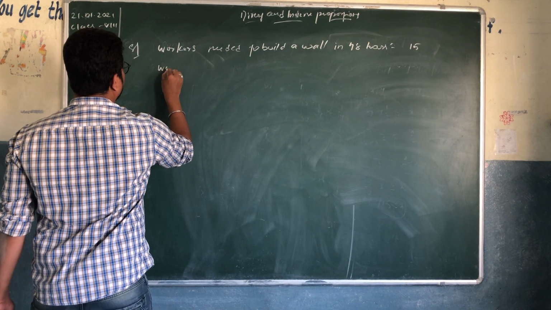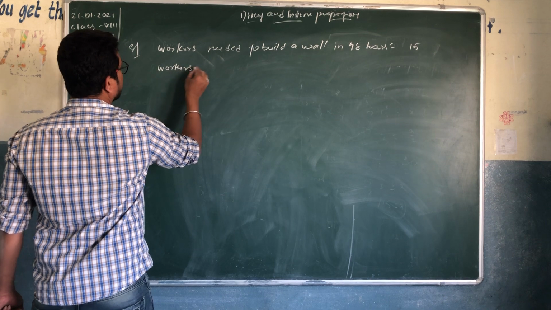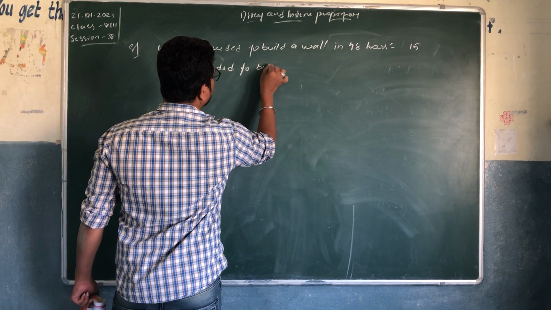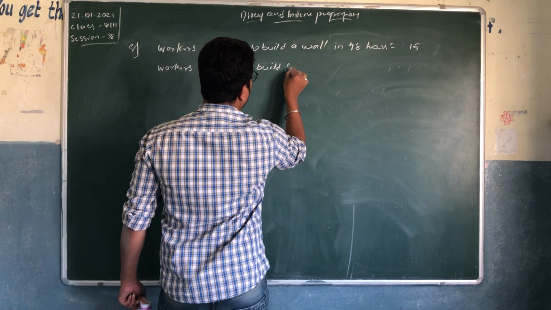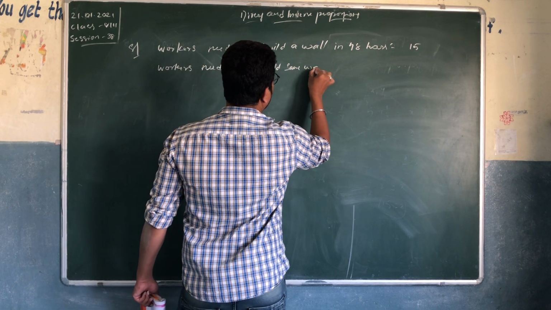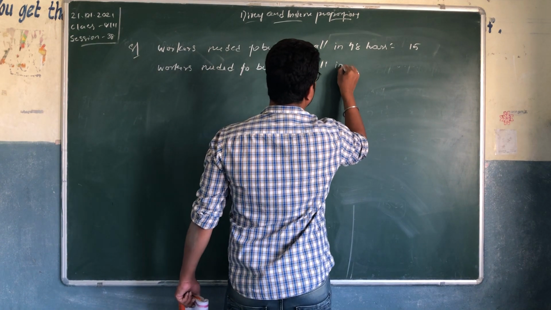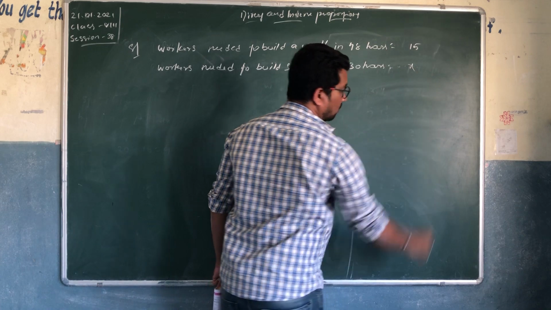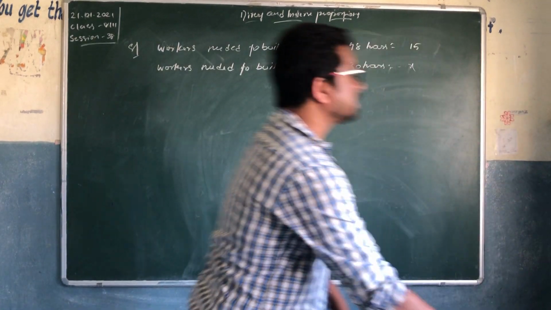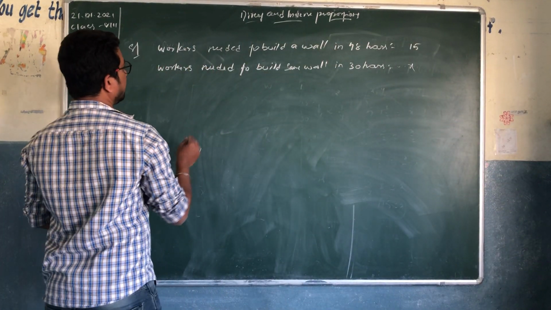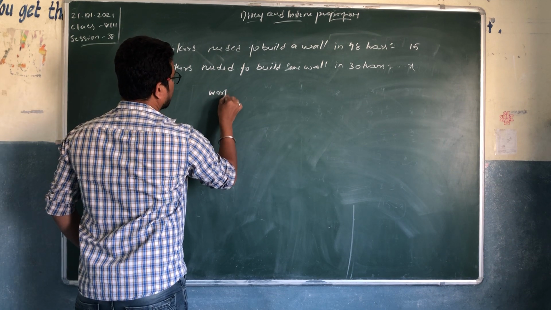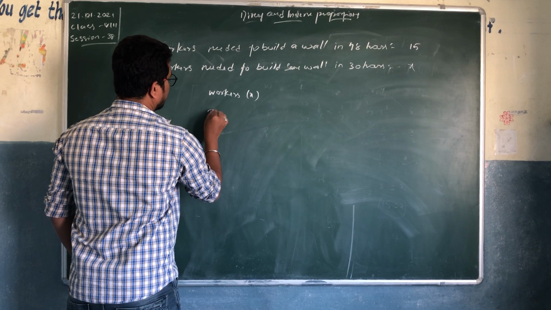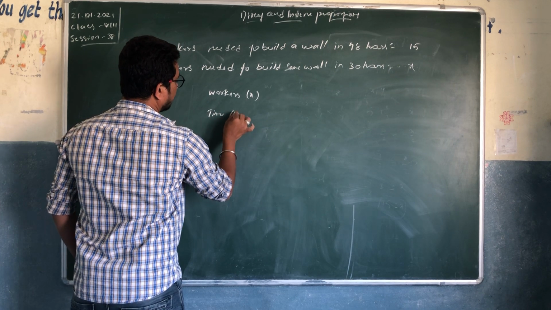Next, workers needed to build the same wall in 30 hours is equal to, as we don't know, X. So let us write in tabular form again. Workers in X, time in Y.